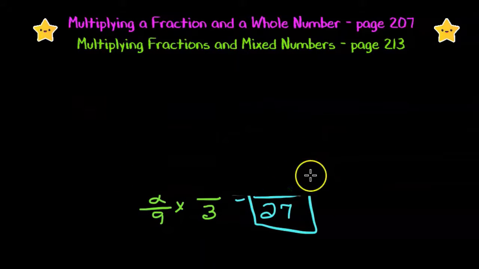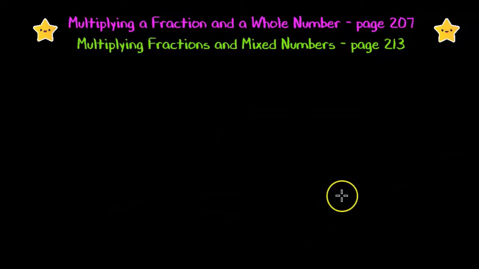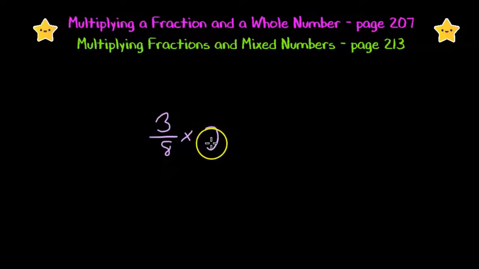Awesome job. So let's take a look now at one more. Let's take a look at 1D. 1D is 3/8 times 2 1/2. All right.